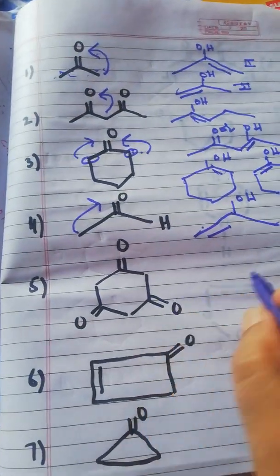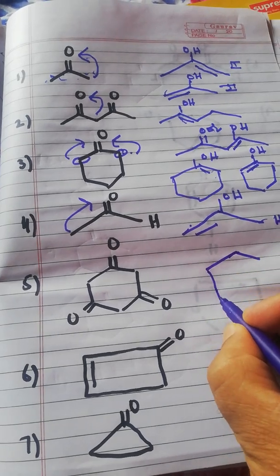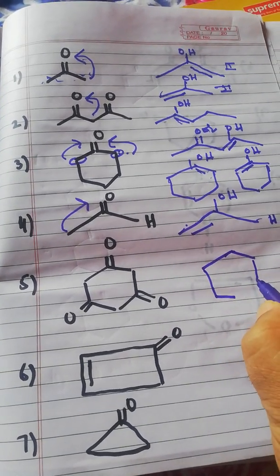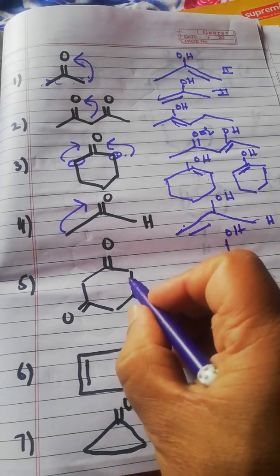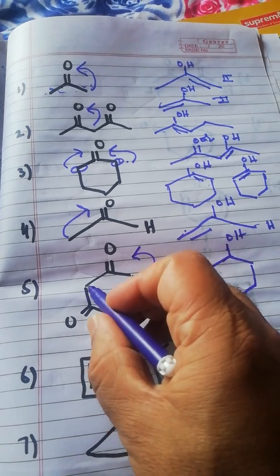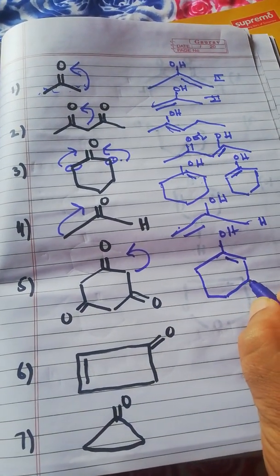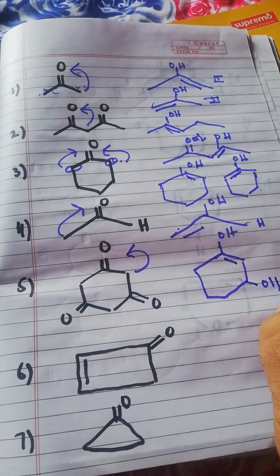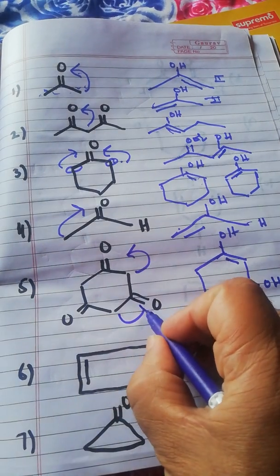Coming to these structures, the enolic form of this structure will be like that. It will be an aromatic structure because of the presence of 3 alternate double bonds. So if it gets shifted from here, the double bond will come here. Here also the double bond O will get converted into OH, and the double bond will come here if it gets migrated from here.